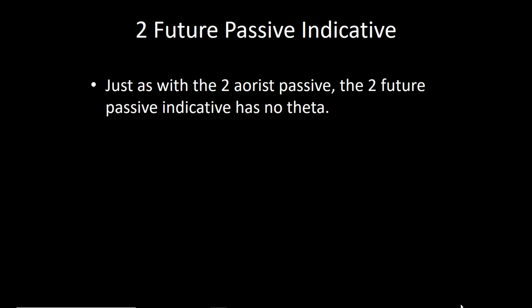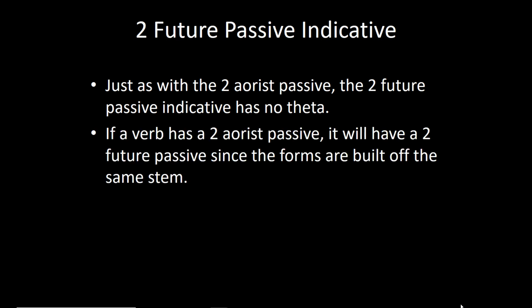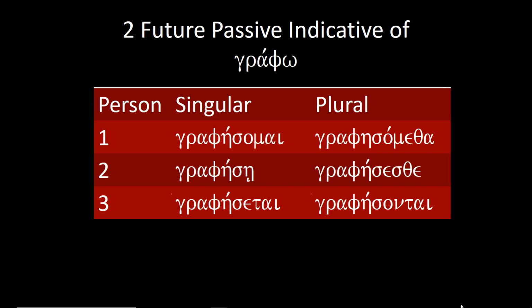There's also a second future passive. The same thing with the second aorist, there's no theta. Since these verbs are both built off the same stem, if a verb has a second aorist passive, it will also have a second future passive. Here's one from grapho.